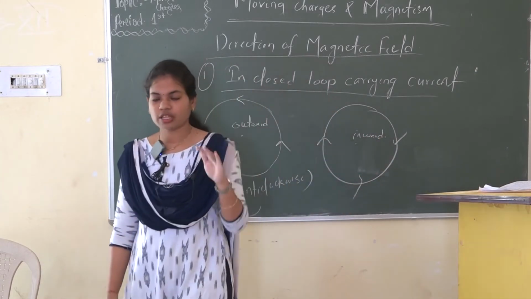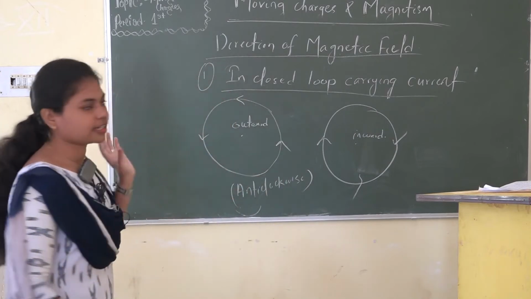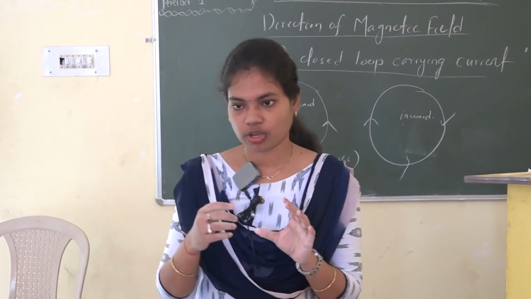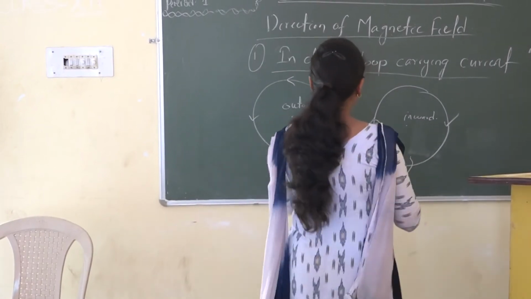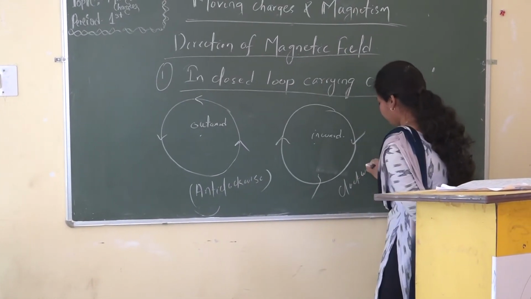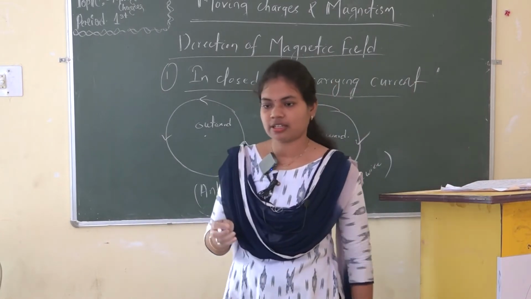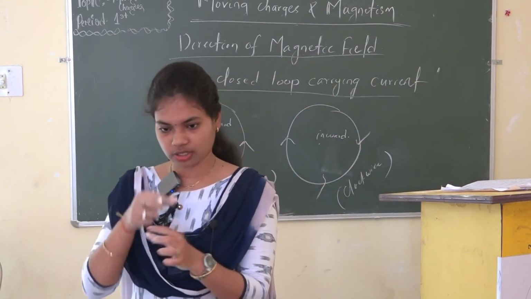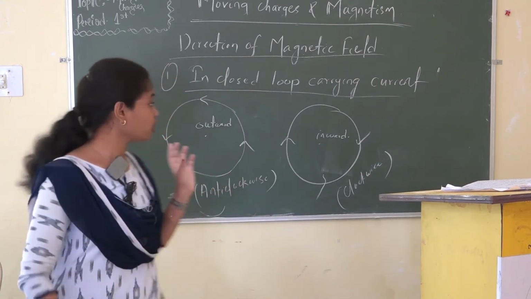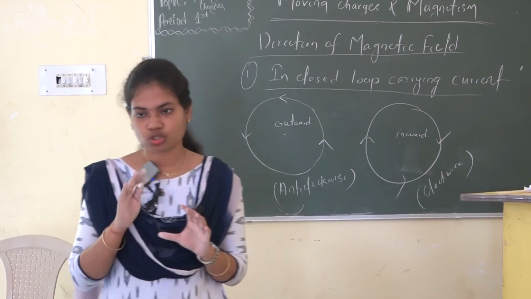When the current is flowing in anti-clockwise direction, the magnetic field is in outward direction; we have to open that screw. When the current is flowing in clockwise direction, the magnetic field is in inward direction; we have to close the screw. All of you understood? That is the direction of magnetic field in a closed loop.